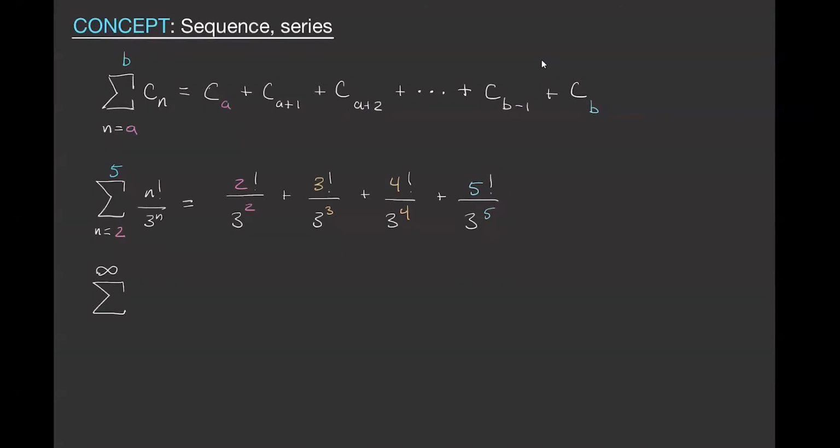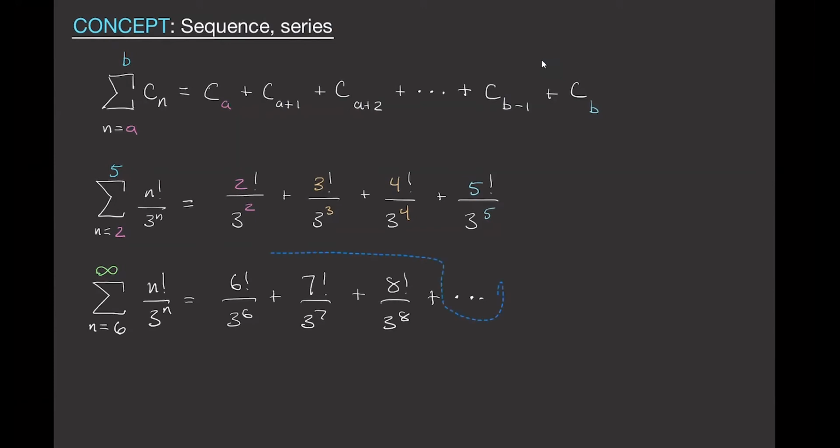If we have infinity up here, but maybe we have something like 6, and we have the same type of case, this infinity represents just going on infinitely far with the terms and never stopping. So we would have, say, 6 factorial over 3 to the 6, plus 7 factorial over 3 to the 7, and so on. And then we would just keep going.